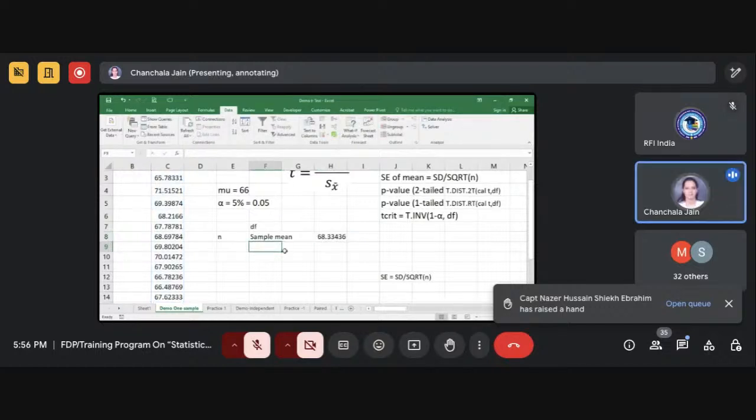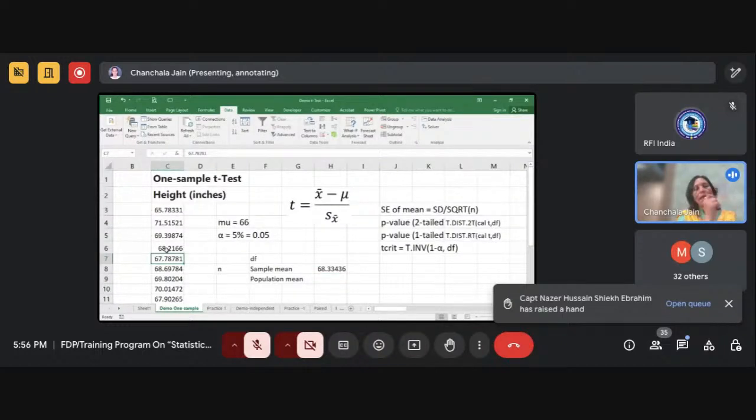Next, after getting the sample mean, you need the population mean. Whenever you talk about the one sample t-test, you always need an idea about your population mean, right? In this case it is already given in your sheet: mu is equal to 66. But if it is not known to you, you need to get an idea from some sources.